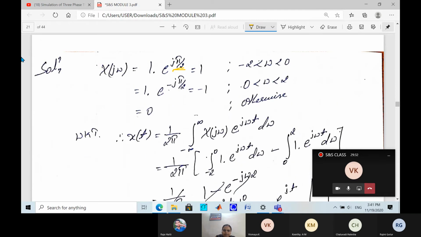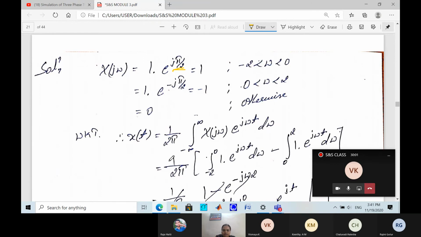Then substituting for X of j omega, what value do you get? Cos pi by 2 plus j sin pi by 2. Based on that, e raised to j pi by 2 has the value 1, and e raised to minus j pi by 2 has the value minus 1.